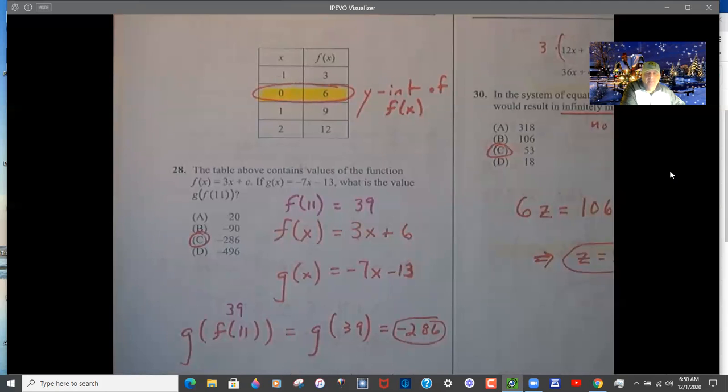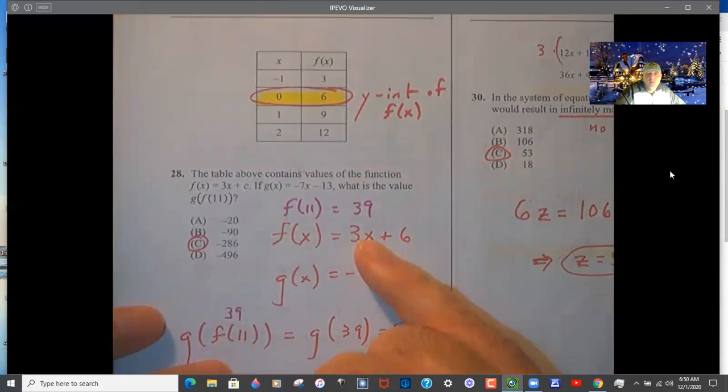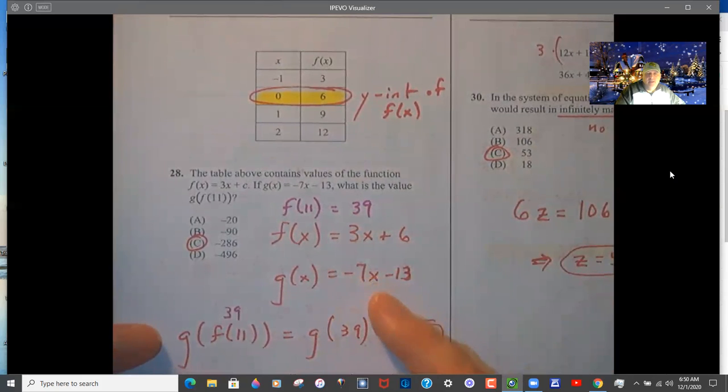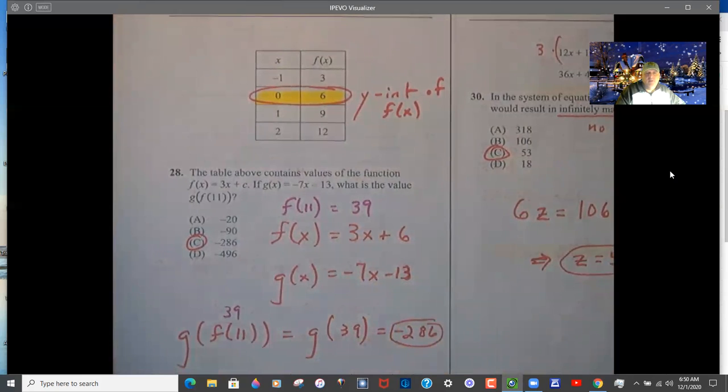You do f of 11 first. Put 11 in right here: 33 plus 6 is 39. Then take that into the g function. Negative 7 times 39 minus 13 is negative 286.